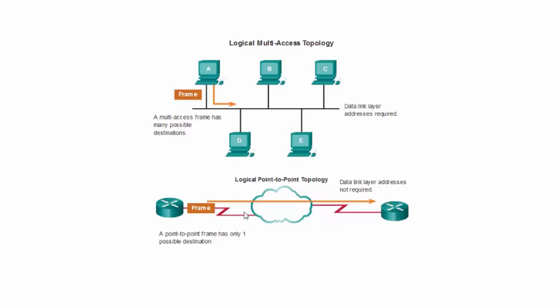In a logical point-to-point topology, we don't need to provide any addressing or identifier between multiple nodes, because the connection is between only two nodes, in which case we use only one byte to indicate the direction or the destination on the other side, and that's it. So we don't need to provide a physical address like in the case of multi-access technology.